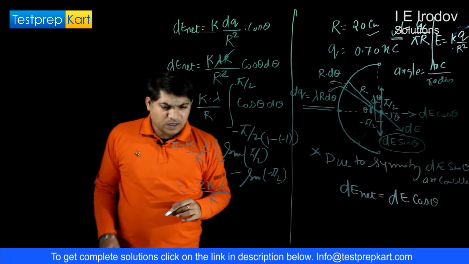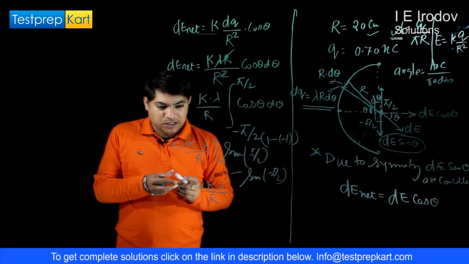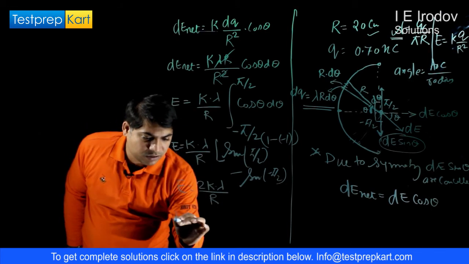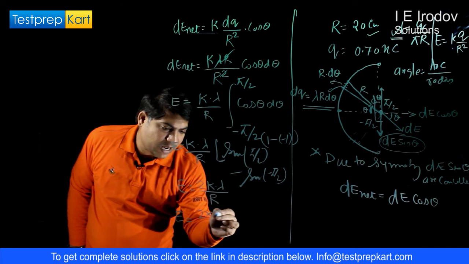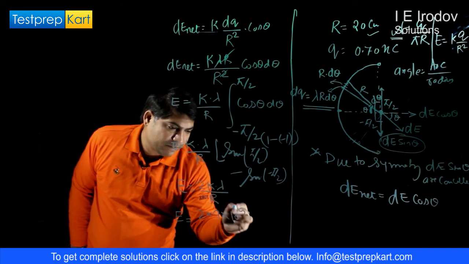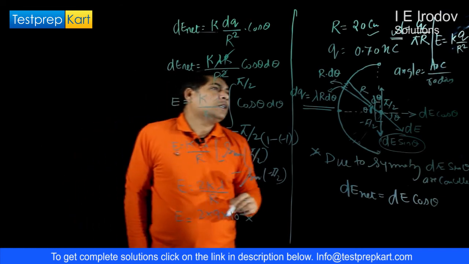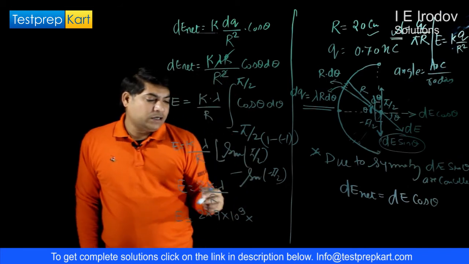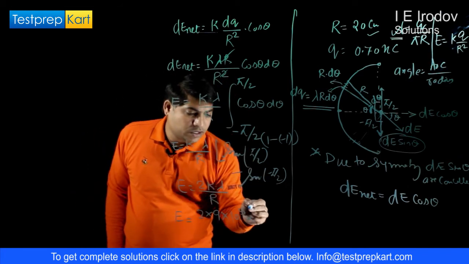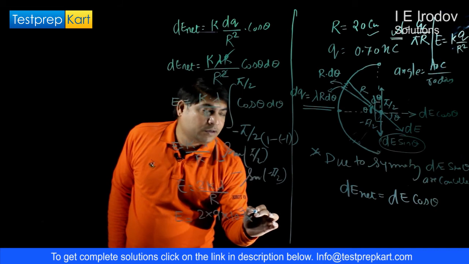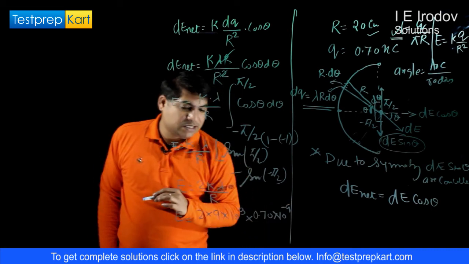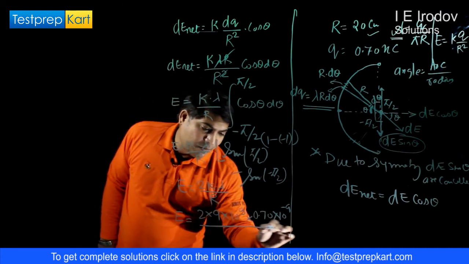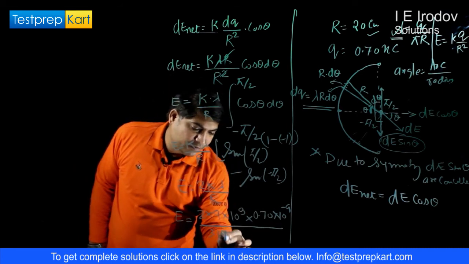Now we can substitute the respective values. K is 9 into 10 to the power 9, with the factor 2. Lambda is Q upon pi r. Q is 0.7 nanocoulomb, so 0.7 into 10 to the power minus 9 over pi, which is 3.14.